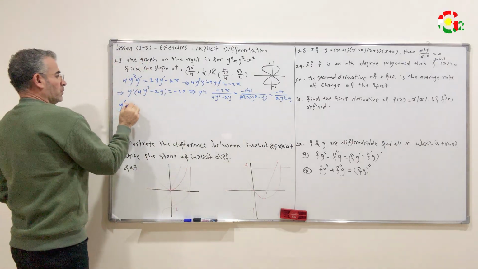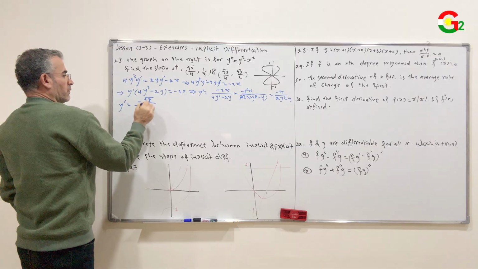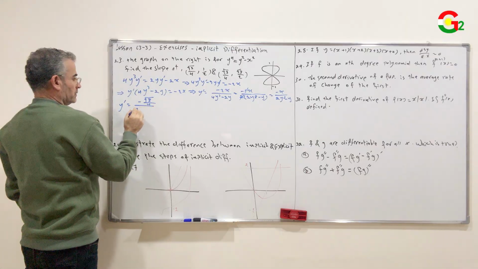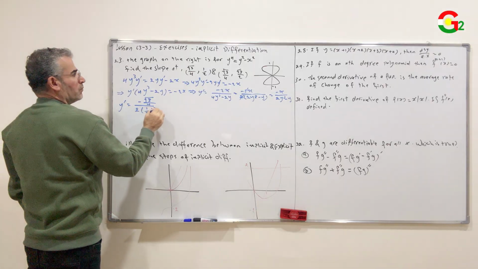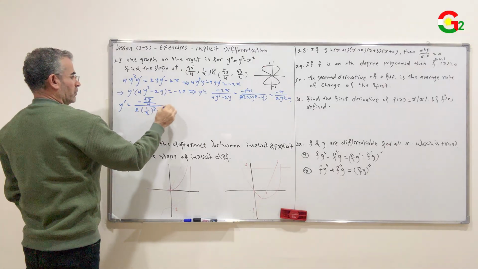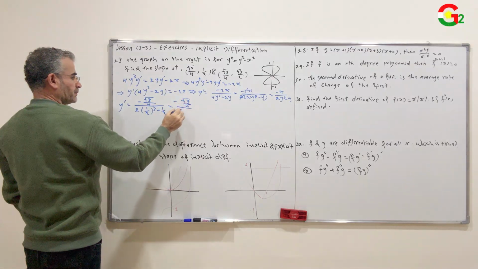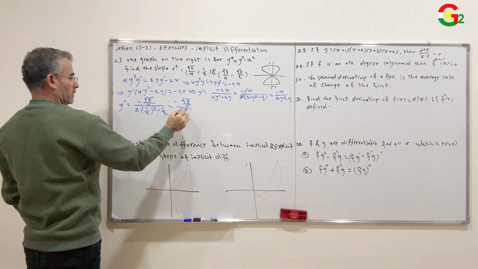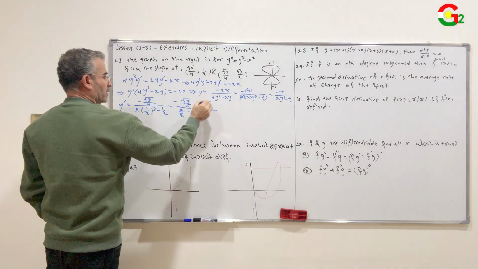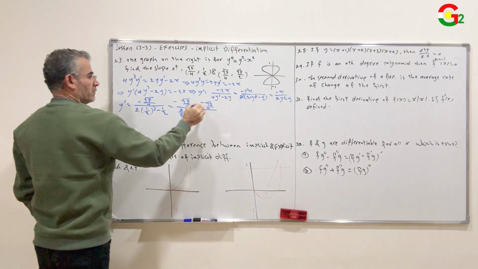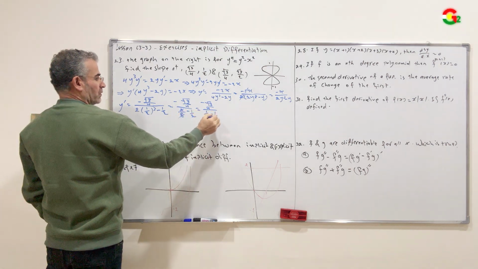Then y' = negative square root 3 over 4, over 2 times a half cubed minus a half, equal to negative square root 3 over 4, over 2 over 8 minus 1 over 2, equal to negative square root 3 over 4, over 1 over 4 minus 1 over 2.